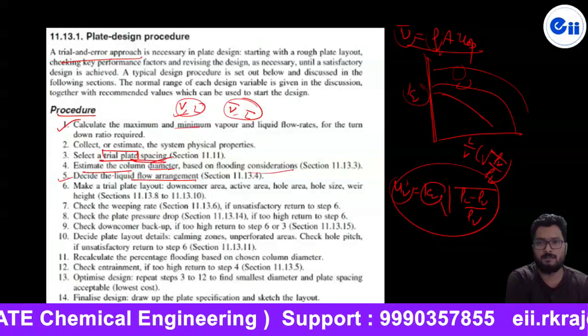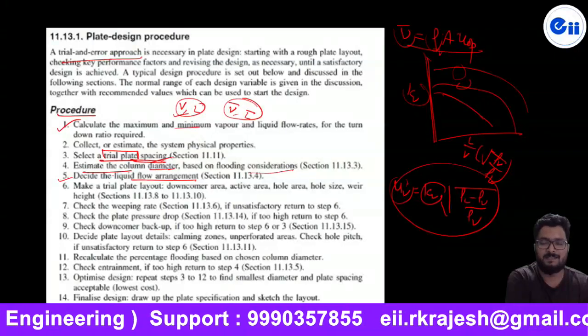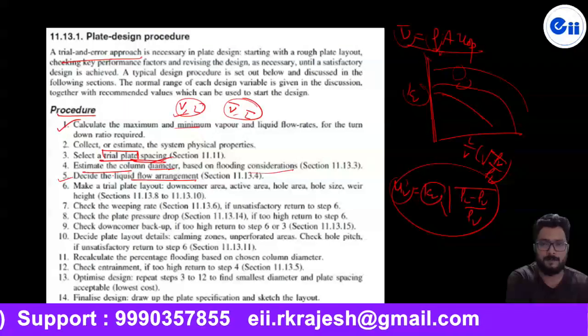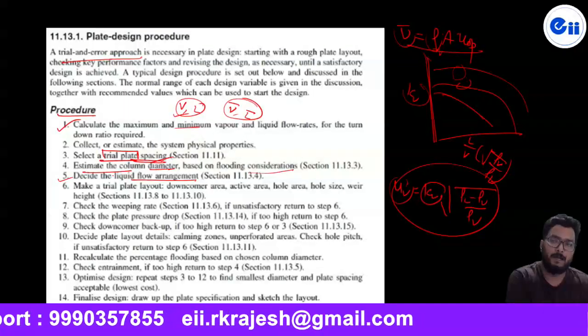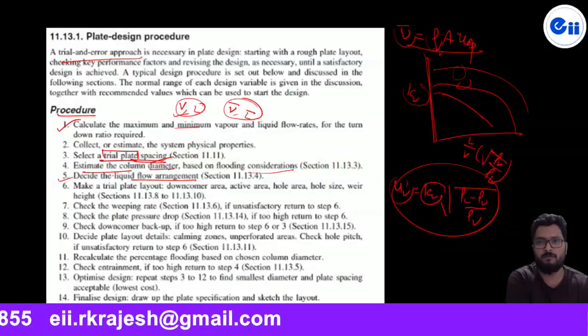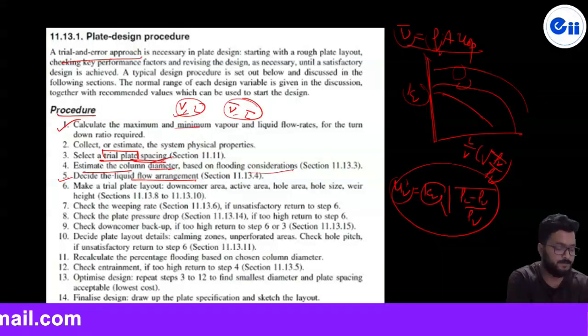One is called cross flow, also called single pass flow, and second is called double pass flow. These types of flow will depend upon the liquid flow rate and diameter of the column. That's why before calculation of the liquid flow arrangement, it is important to calculate the diameter and liquid flow rate.